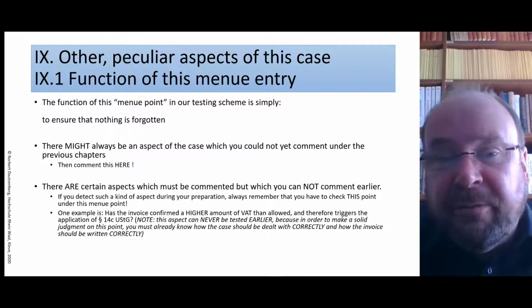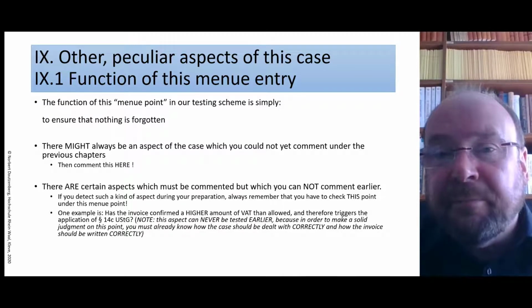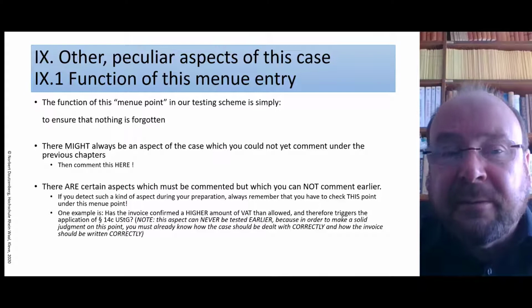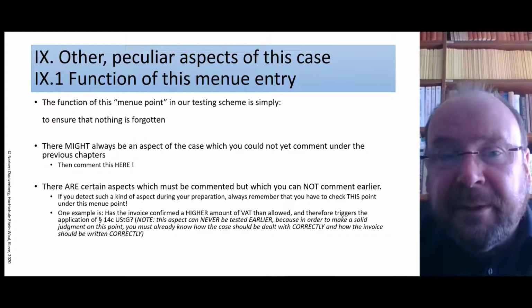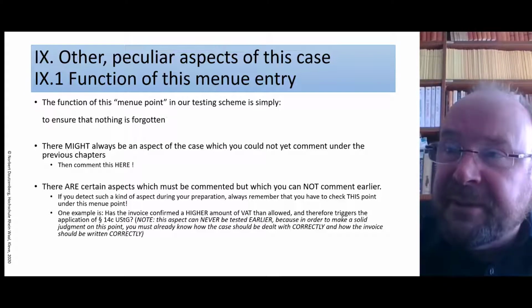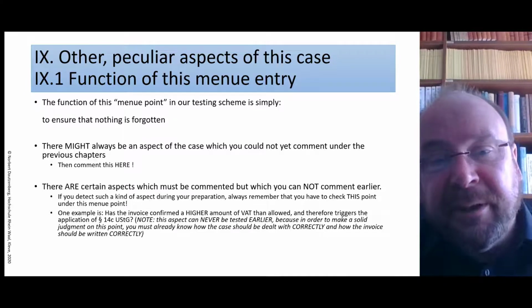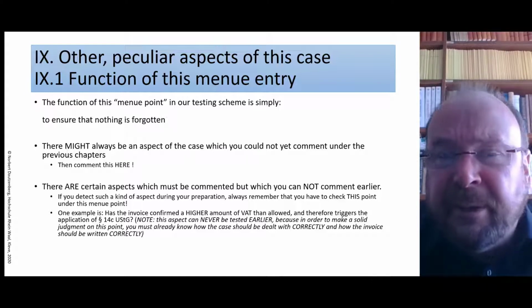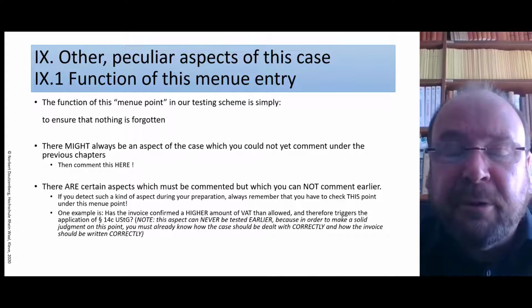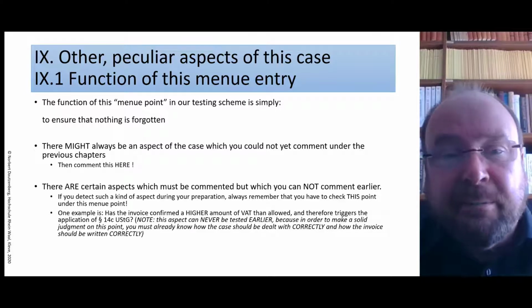And when you learn VAT, you should memorize which few things can only be dealt with at the end of a case. So question number 6: is there any peculiarity combined with this case which is extraordinary? That serves first to ask yourself, did I read anything which asks for a comment which I could not yet make?